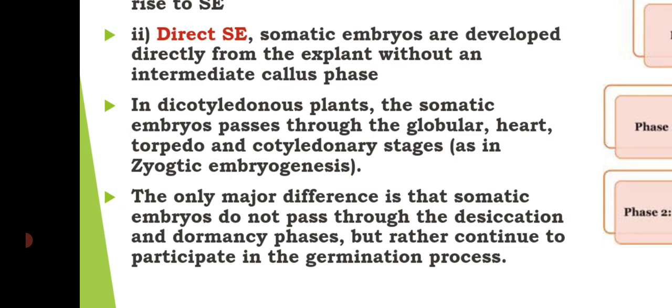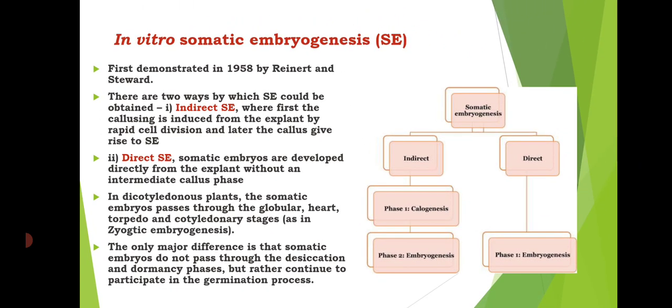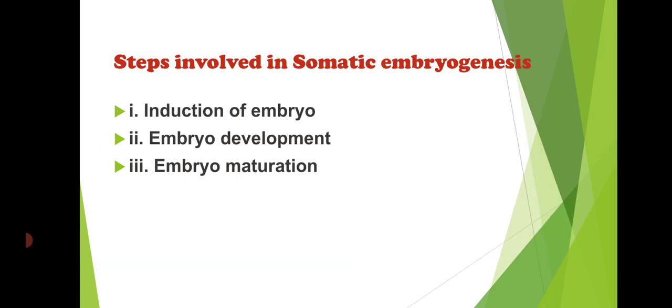But in somatic embryogenesis, especially in vitro, there are no such dormancy phases. Just after the formation of the embryoids, they grow into a new plantlet. That is the major difference between zygotic embryogenesis and somatic embryogenesis.